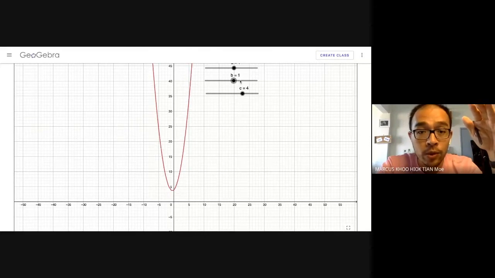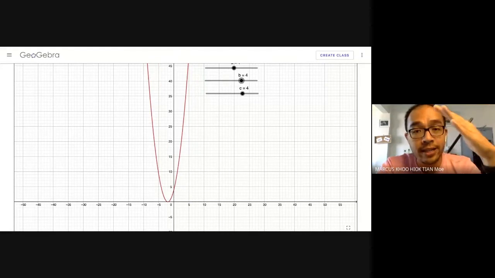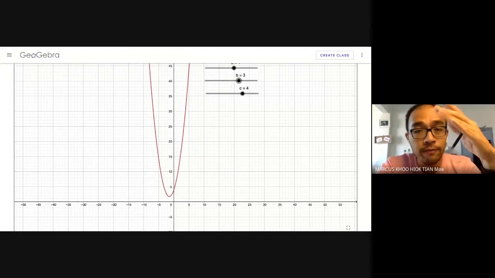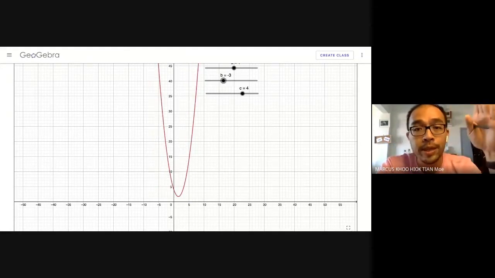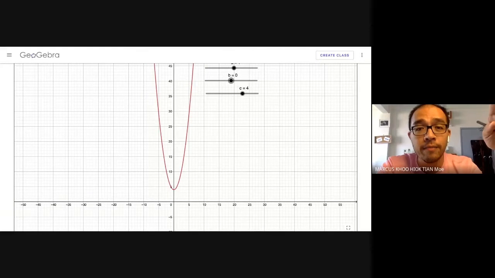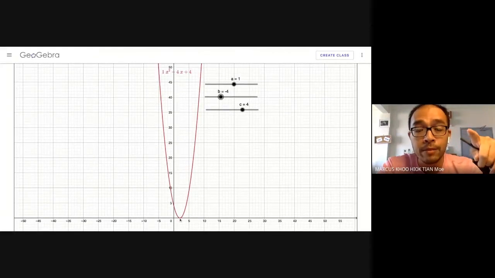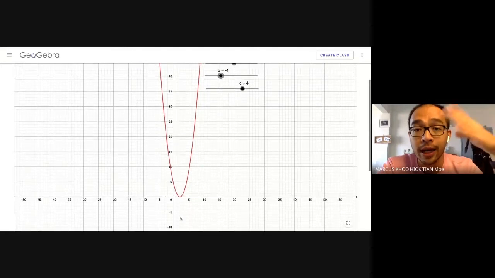Tapi bila B itu adalah negatif, B positif, minimum graph dia on the right side. B negatif, minimum graph, did I say right side? Left side, sebelah kiri. B negatif, tetapi dia adalah minimum graph kan, minimum point dia akan berada di sebelah kanan.